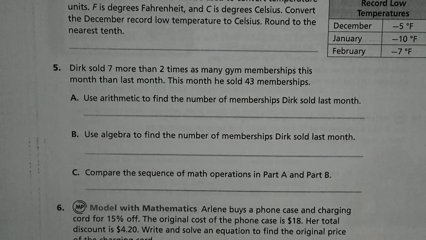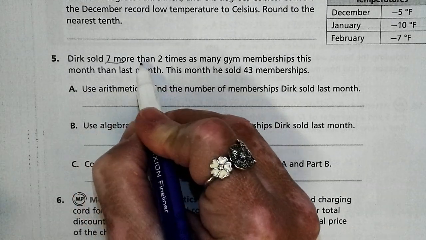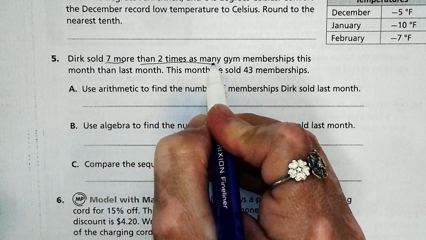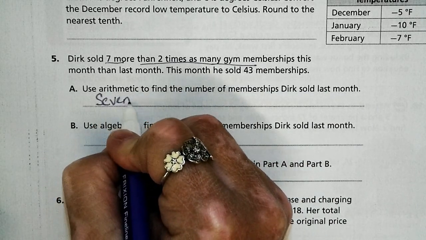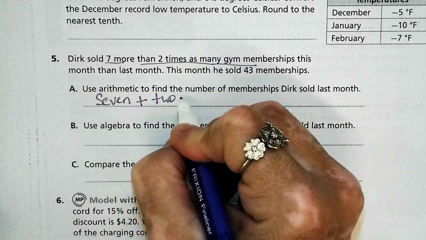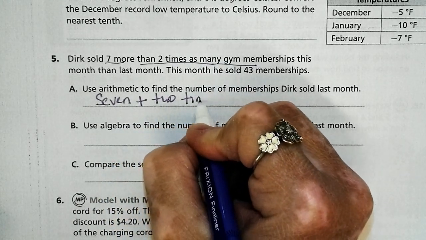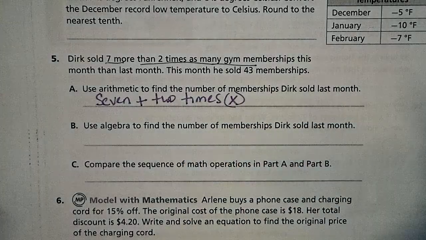So if we go back to 5, we would write 7 more than 2 times the gym membership. So you would write 7, more would be plus 2 times, and then you could put x as your variable, doesn't matter.